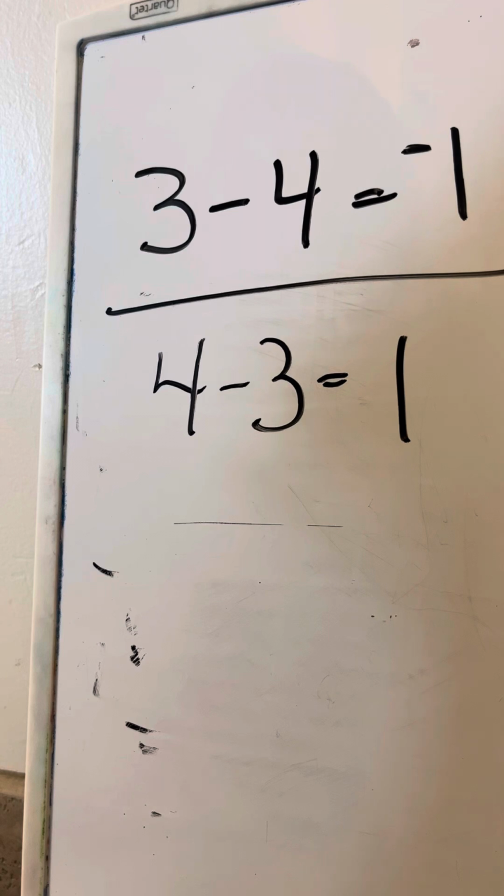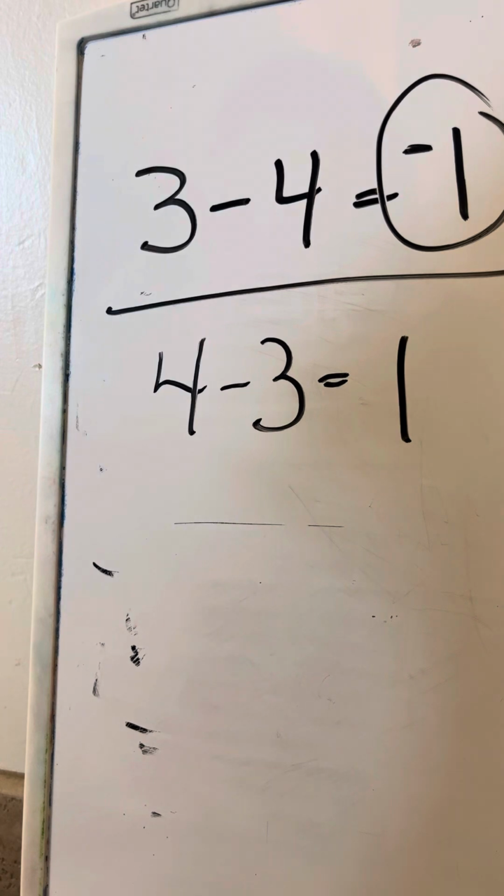Another first grader said 3 minus 4 equals 0 because you can't have less than nothing. This first grader is actually onto something because they said you can't have less than nothing. So yes, this is less than nothing, but they have not been taught that yet. A third grader says that 3 minus 4 is an impossible problem because it just can't be done. Also, the kid is onto something.